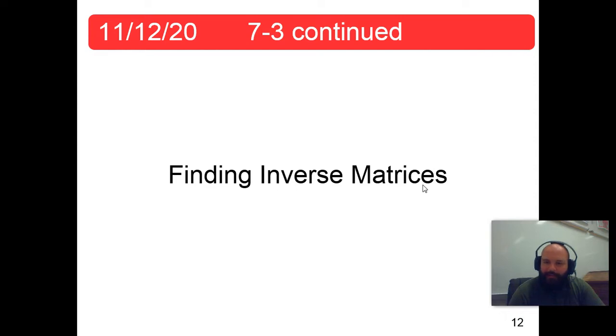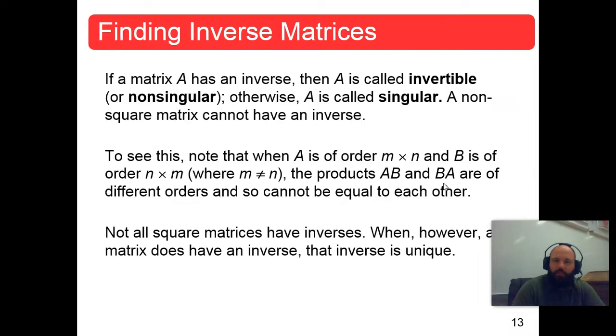We are going to cover the last part of Chapter 7, Section 3 today, which is how to find an inverse matrix using your graphing calculator. It's pretty simple, but what an inverse matrix is, it's a matrix that is used to undo another matrix.